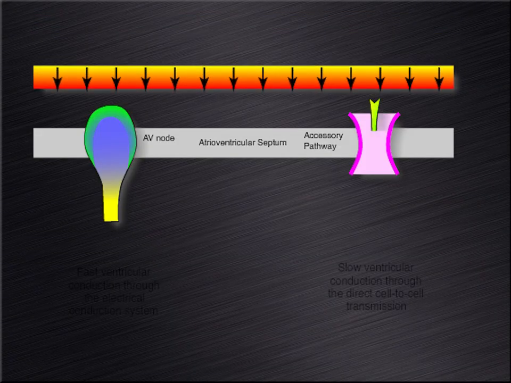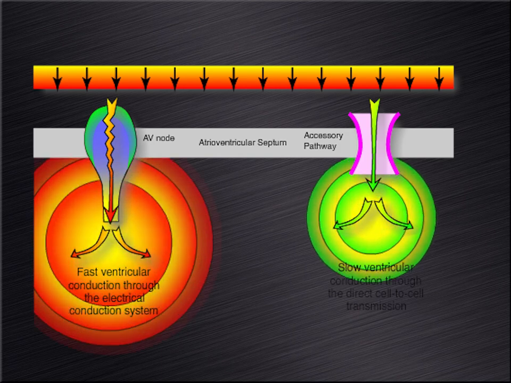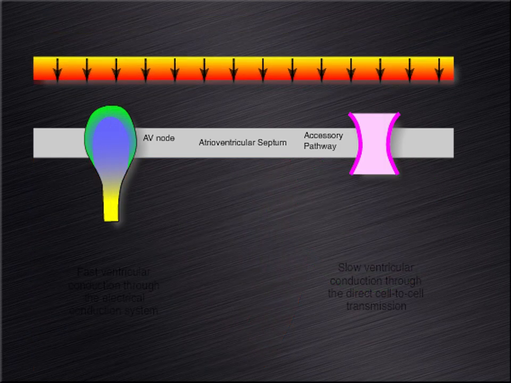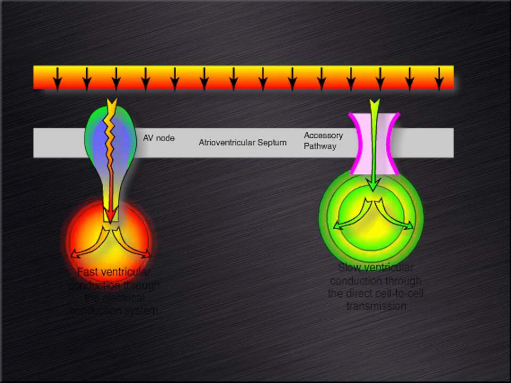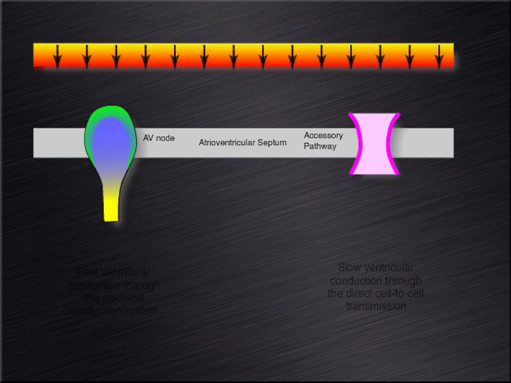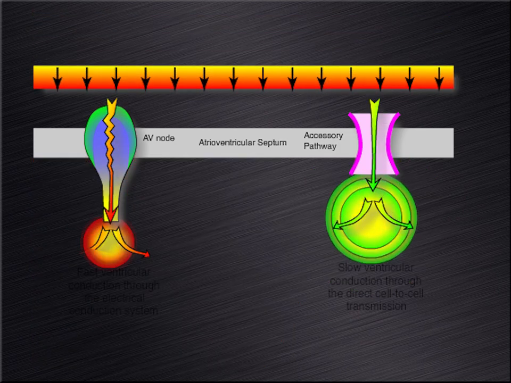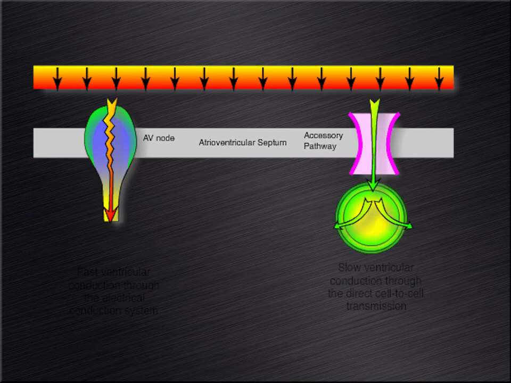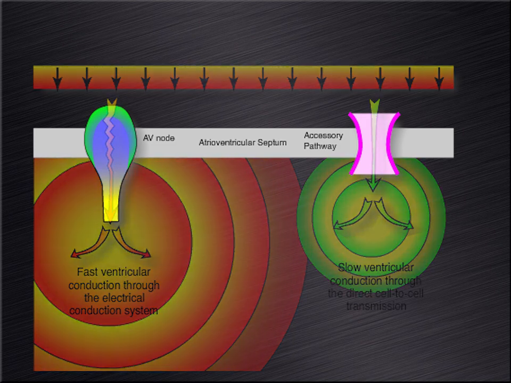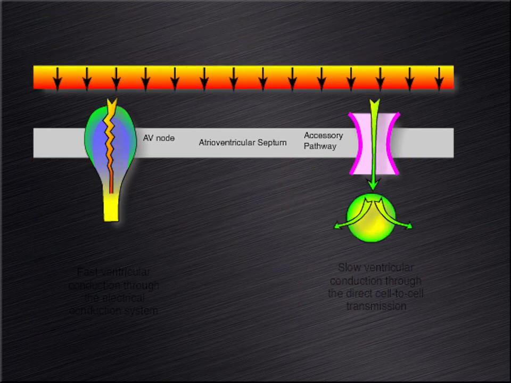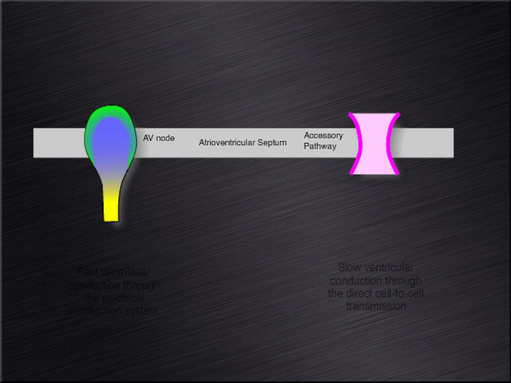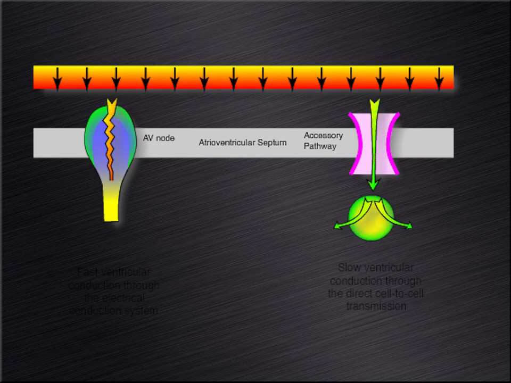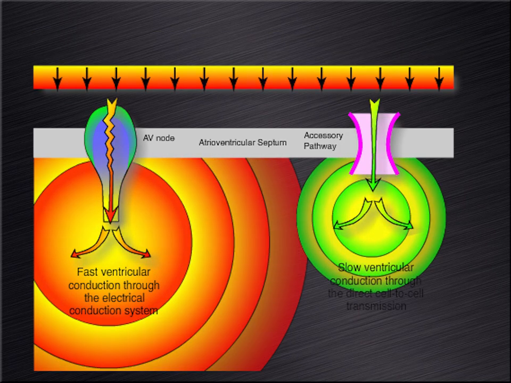The reason that you get the short PR interval is not because you have a short PR interval, it's because the conduction is already occurring through the AV node and the accessory pathway, both at the same time. But while you have the physiologic slowing, the part that goes to the accessory pathway didn't get blocked. So since it didn't get blocked, it's going to be transmitting by direct cell-to-cell contact, which is a slow transmission.